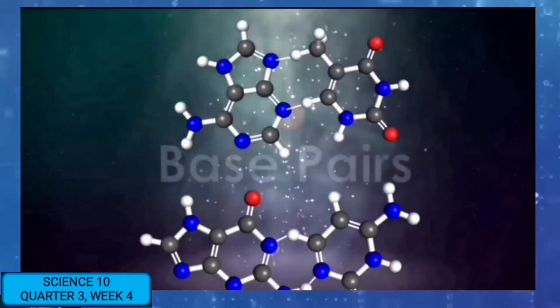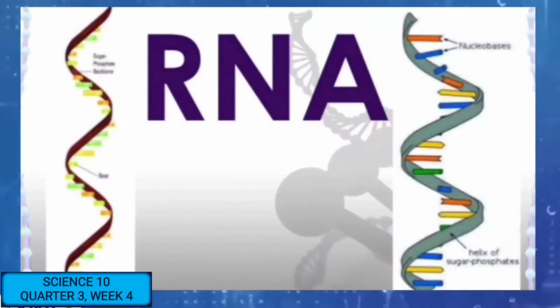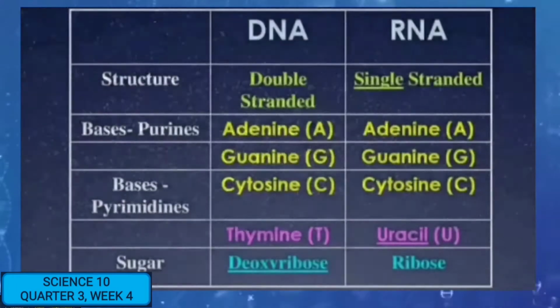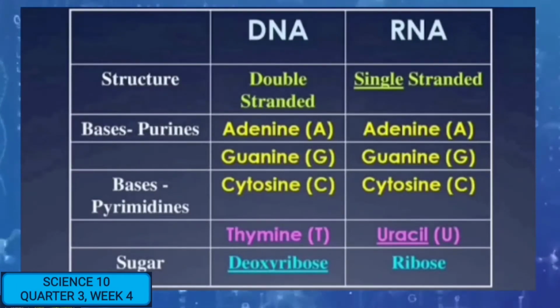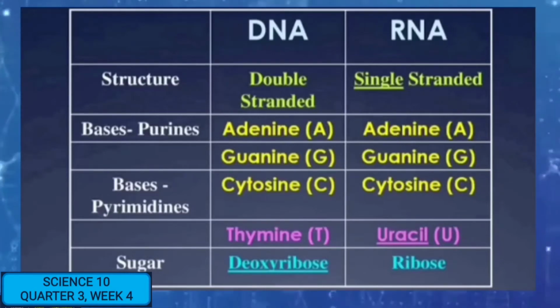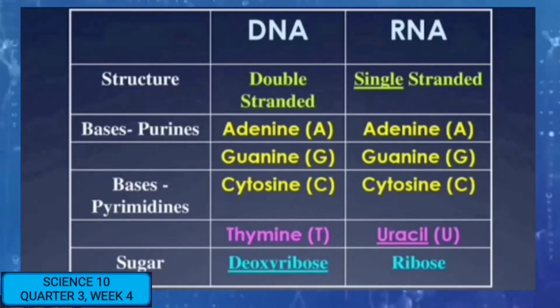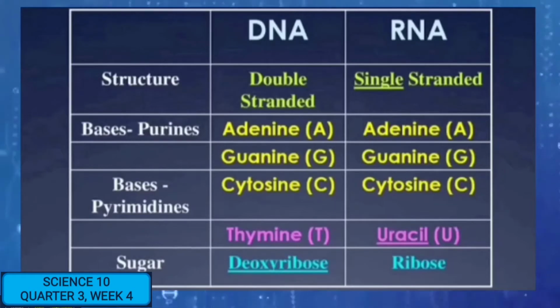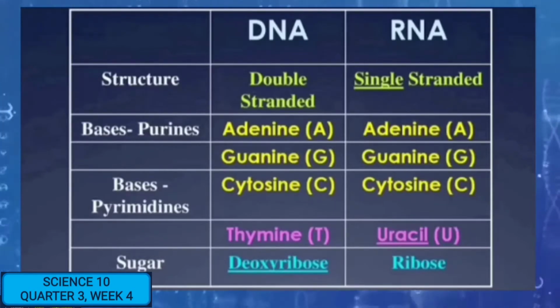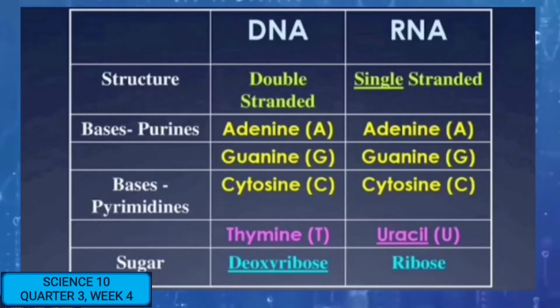RNA, ribonucleic acid, like DNA, is a nucleic acid. However, RNA structure differs from DNA structure in 3 ways. First, RNA is single-stranded, whereas DNA is double-stranded. Second, the sugar in RNA is ribose. DNA has deoxyribose.